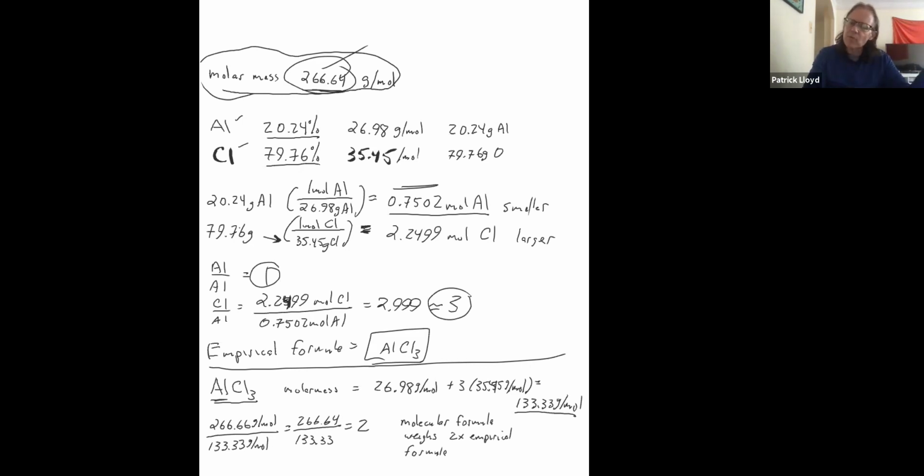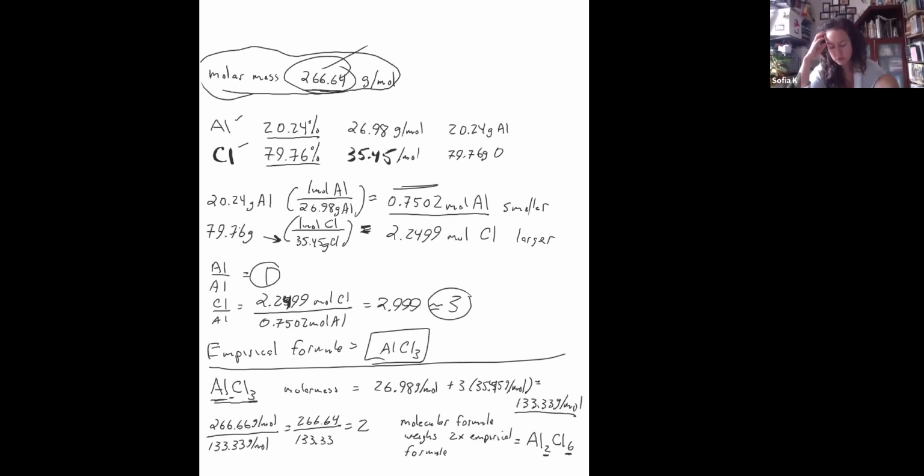You just double the number of atoms, okay? So that would give you 2 aluminums instead of 1, and 6 chlorines instead of 3. So you're just taking these numbers here, 1 and 3, and multiplying them by that ratio, 2, to get 2 and 6.